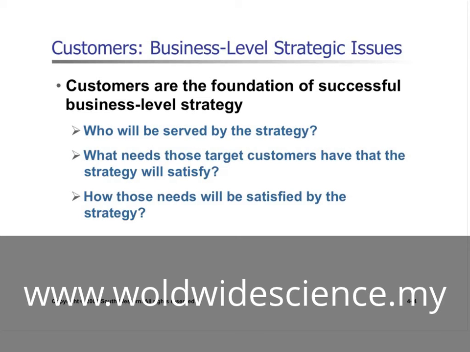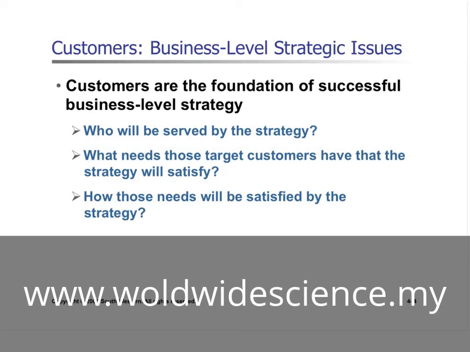So it's good to just take time and think about who will be served by this strategy. So definitely when you're devising your business level strategy, you should understand exactly what type of customers will be served by your strategy.